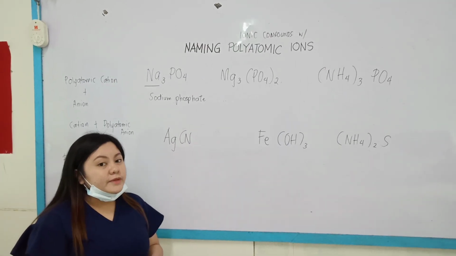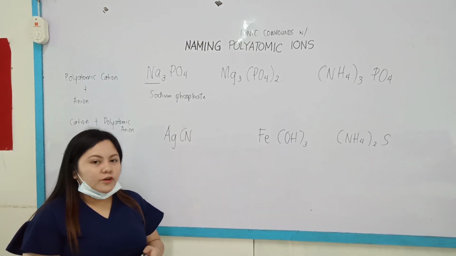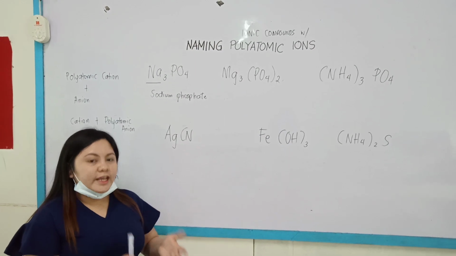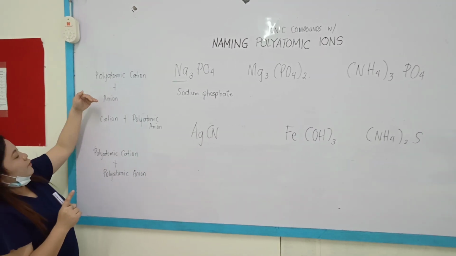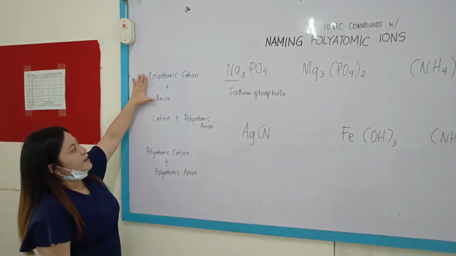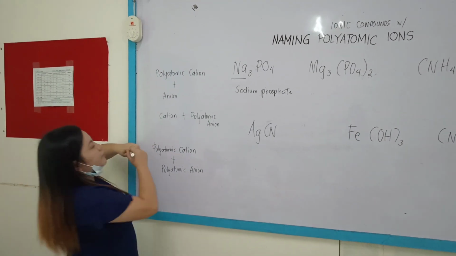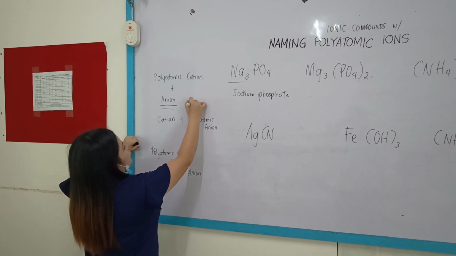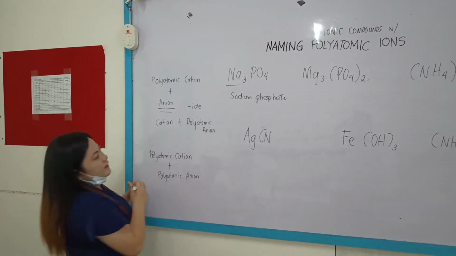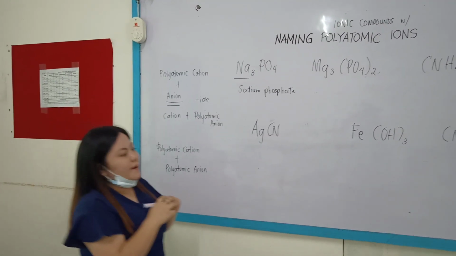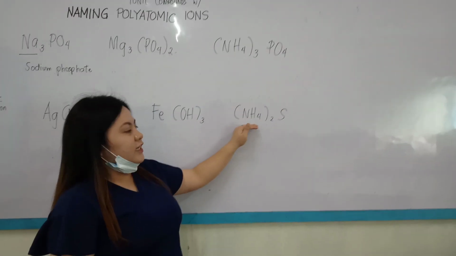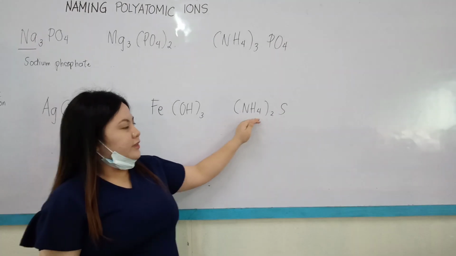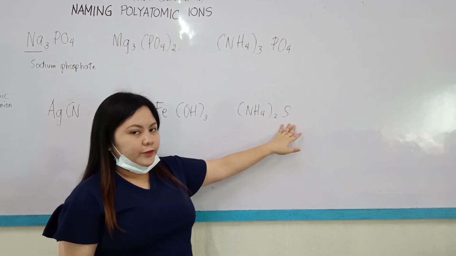So you can see it there. Okay, again, naming ionic compounds with polyatomic ions, you just have to use their name itself. But except for this one. Because for polyatomic cation plus anion, the name of the anion should also have the suffix -ide. Okay? For example, we have here (NH4)2S. So NH4 is a polyatomic cation and S is an ion.